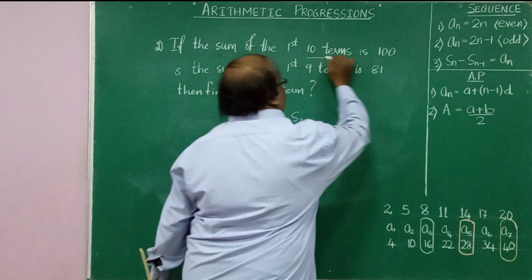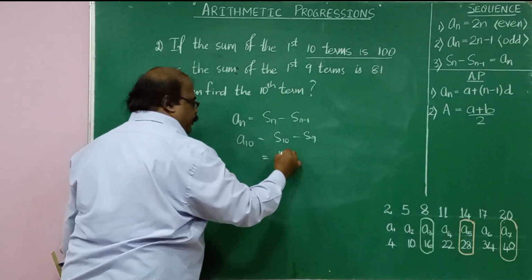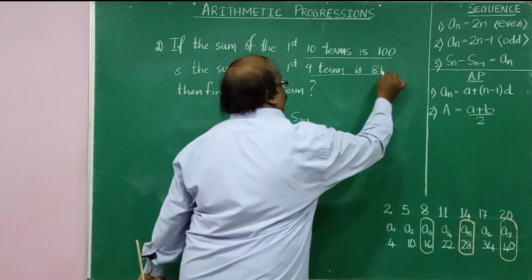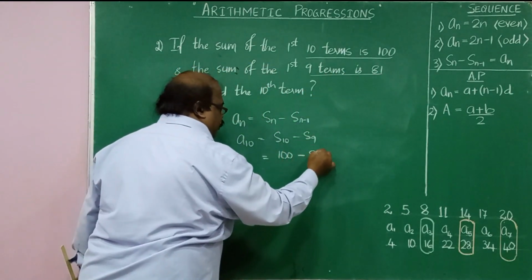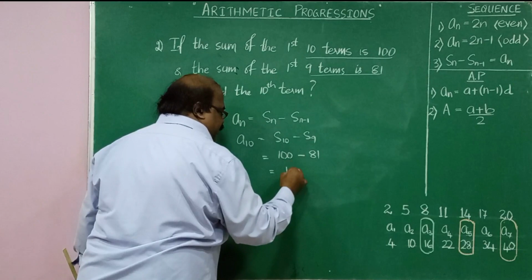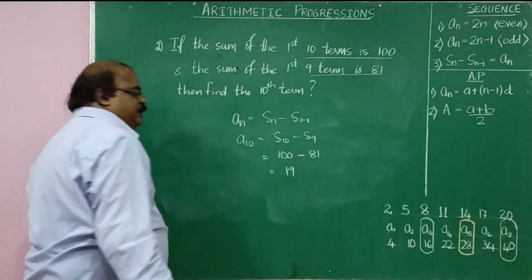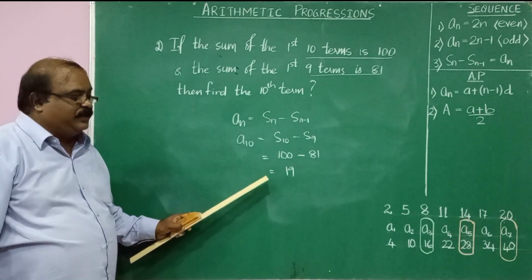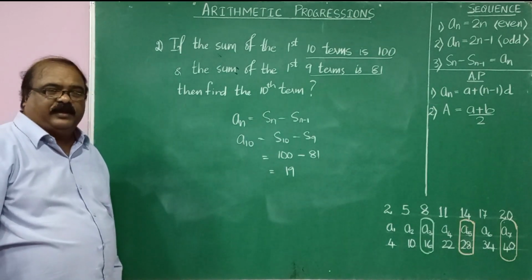S10, the sum of the first 10 terms, I said is 100. The sum of the first 9 terms I told you is 81. So the 10th term is 19.